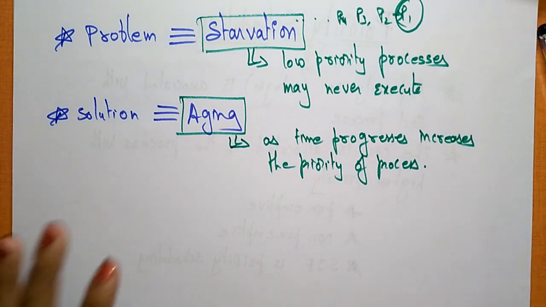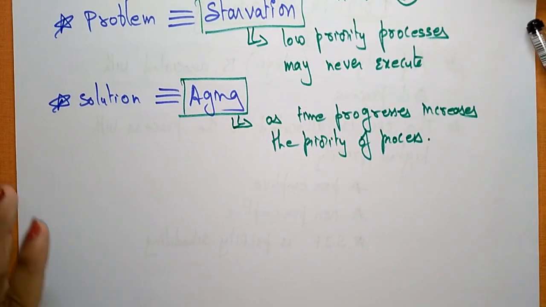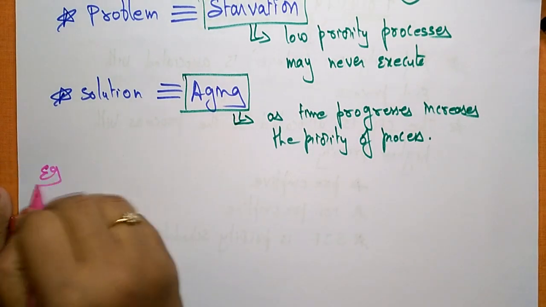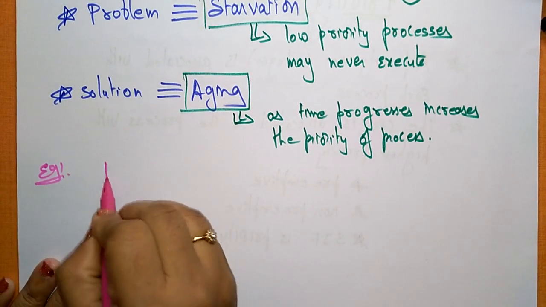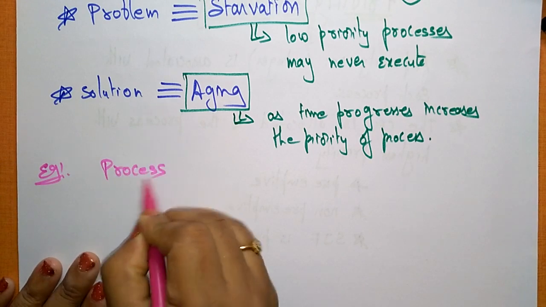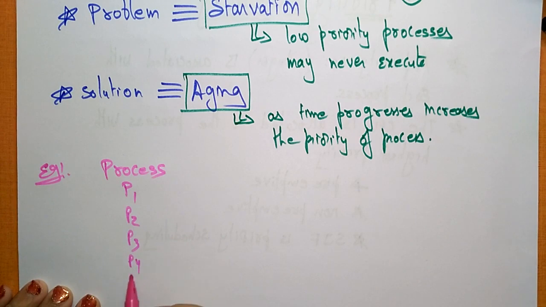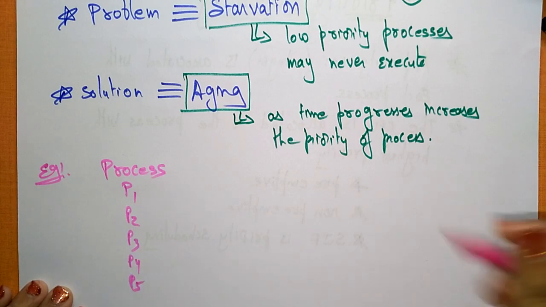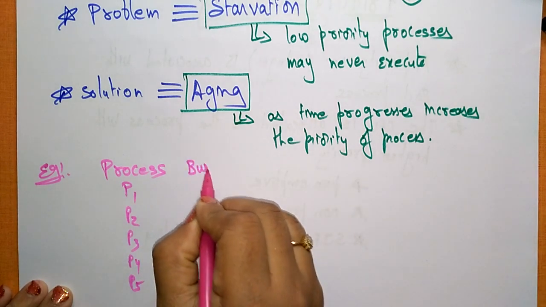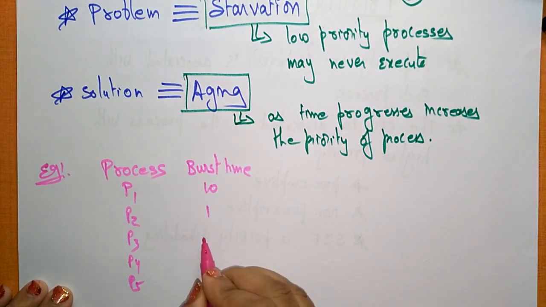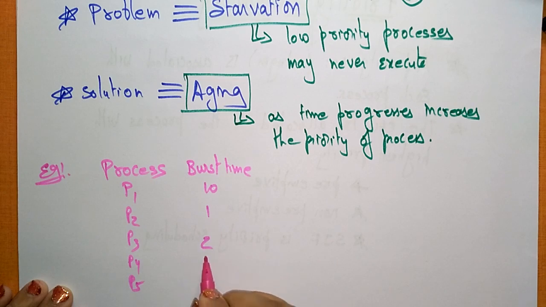Now let us see an example for priority scheduling. Let us take five processes, P1, P2, P3, P4, P5. The burst times for these processes are 10, 1, 2, 1, 5.